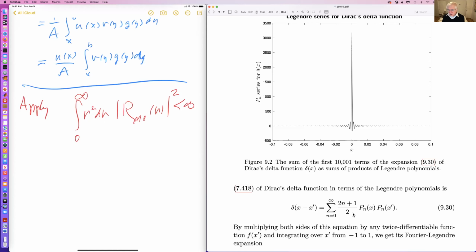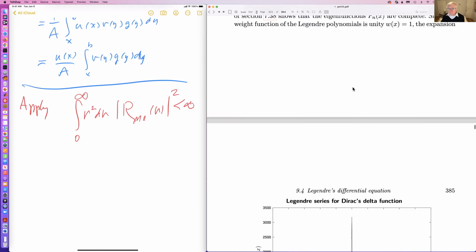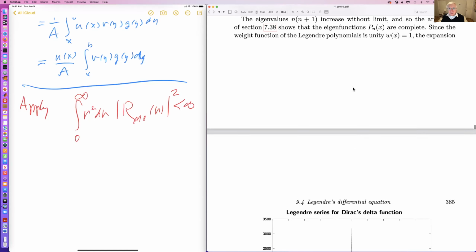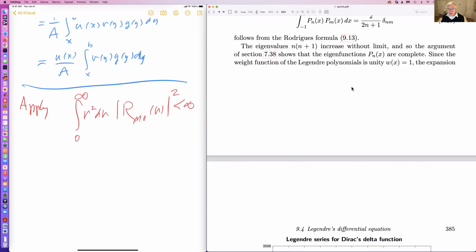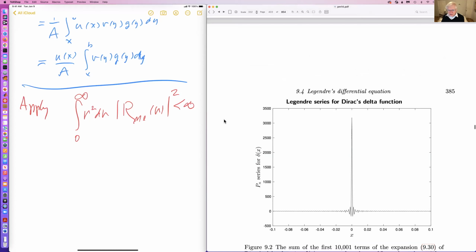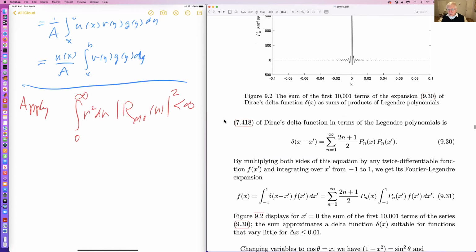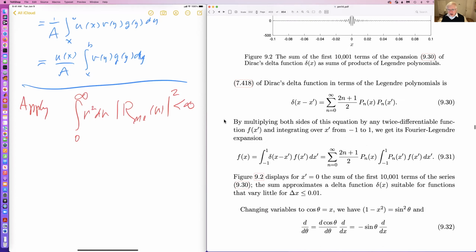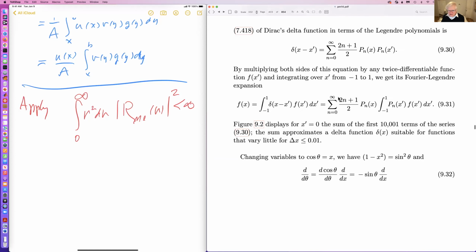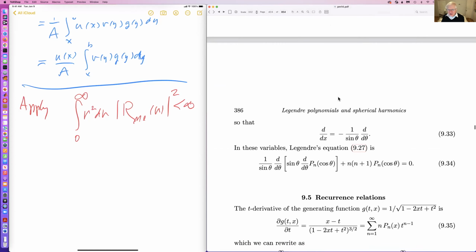And these coefficients here are, let's see. What I'm a little puzzled about is what exactly that came from.